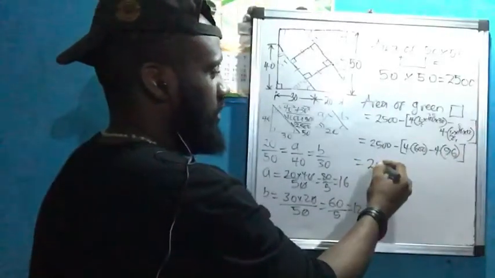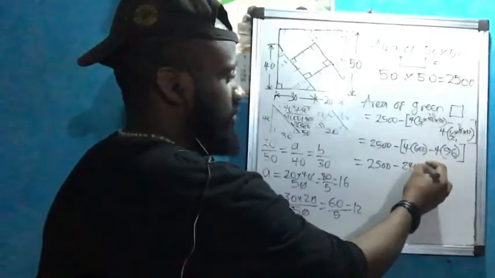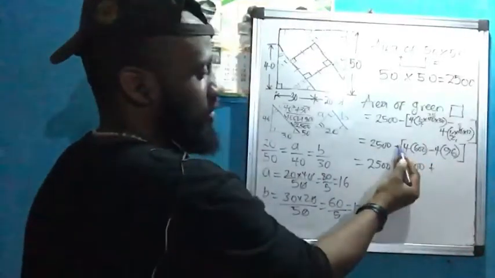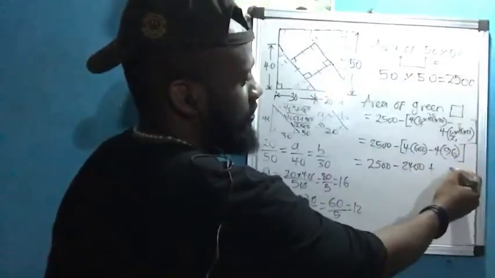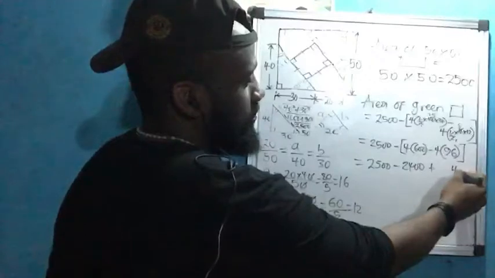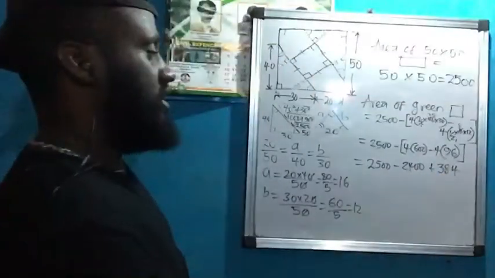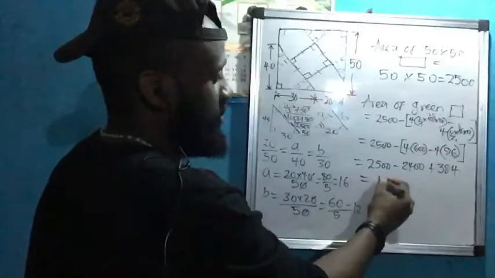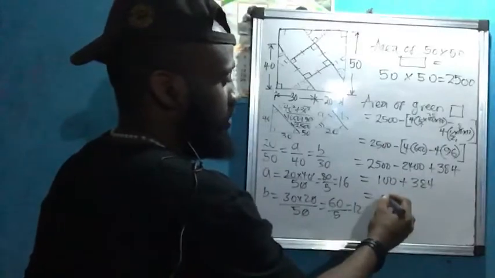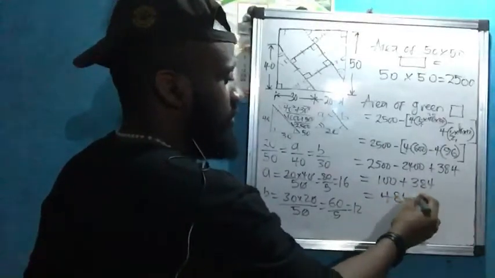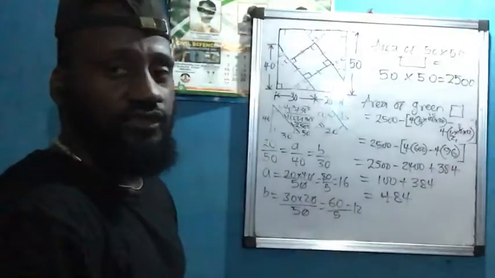That will be 2500 minus 2400, plus, minus minus will give us a plus, 100 plus 384, and that will give us 484. So the area of the green square is 484.